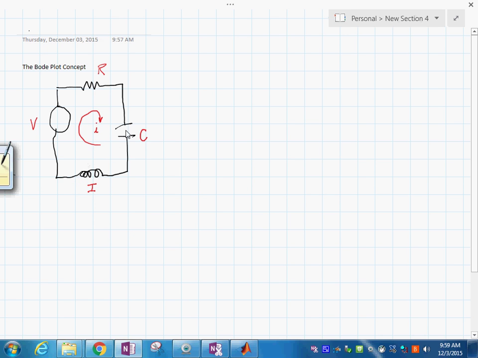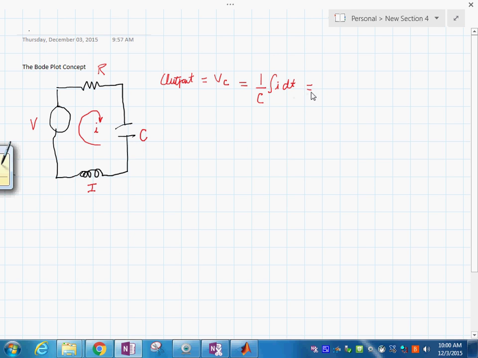So, as we have done in the past, the output is equal to the voltage across the capacitor, which is 1 over C times the integral of I dt.